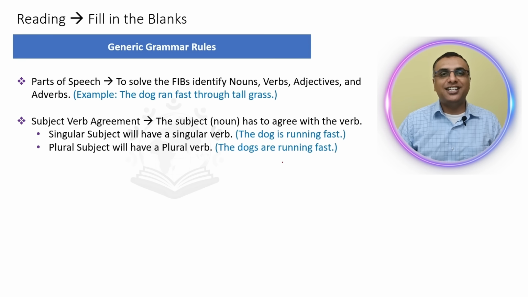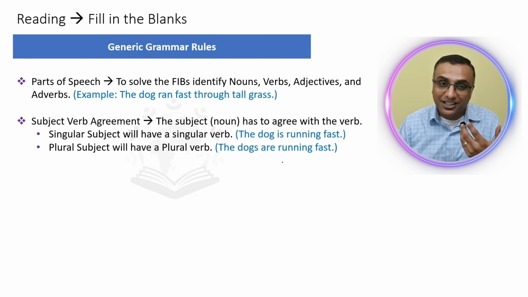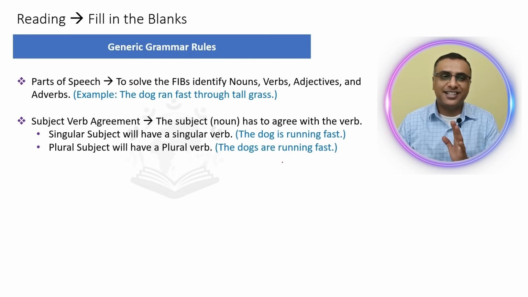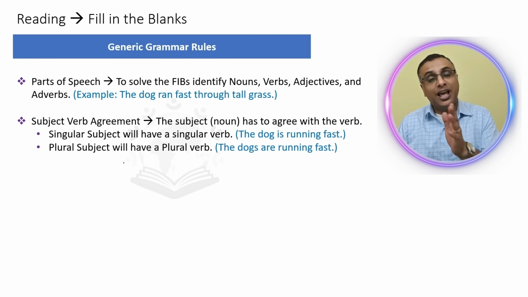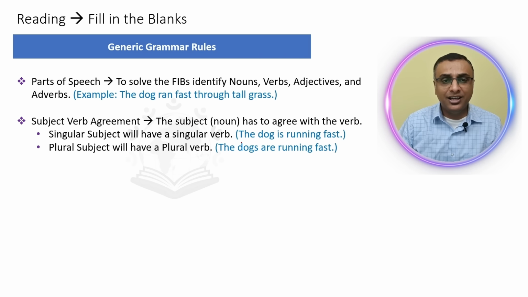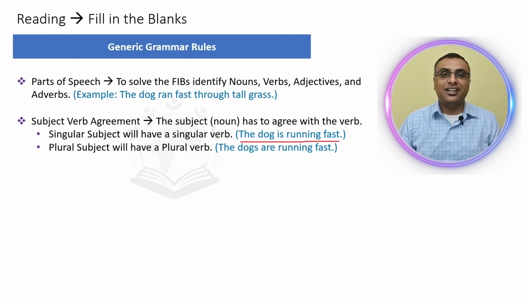Moving ahead, let's understand subject-verb agreement. Here, the subject-verb agreement means the subject, which is nothing but the noun, has to come in agreement with the verb. As simple as it gets. In case where there is a singular subject, you will generally have a singular verb. In cases where there is a plural subject, you will have a plural verb. Let's understand this by an example. Here, the dog is running fast.